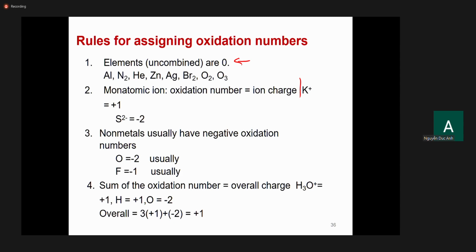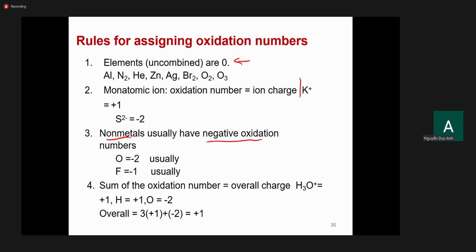The highest oxidation number can be equal to the number of the group on the periodic table. Normally a metal will show a positive oxidation number; on the reverse side, a non-metal will show a negative oxidation number, like oxygen is -2, chloride and fluoride are -1, something like that.